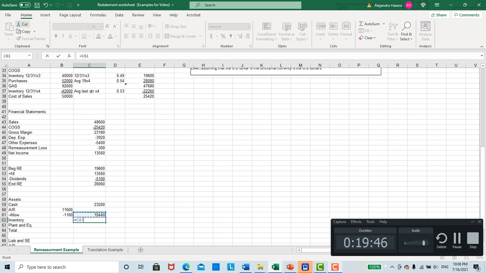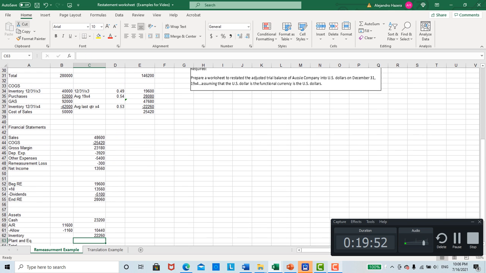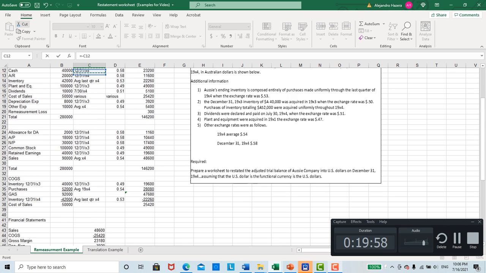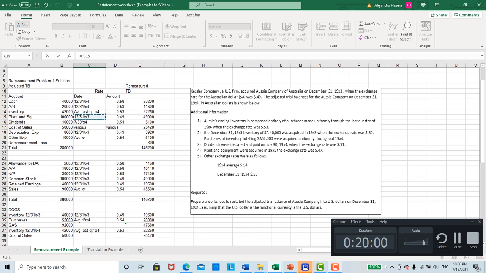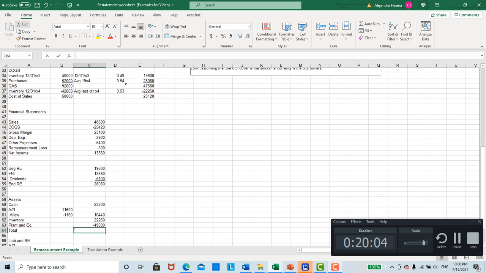Your inventory, you can just take it from here, but I like to take it from the trial balance, excuse me. It's 22,260. Your plant and equipment, net, is 49,000. So your total assets is the sum of these numbers here.